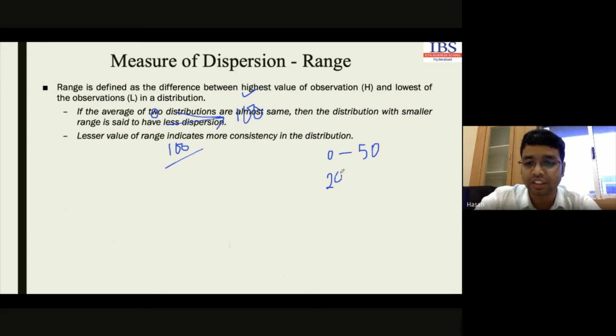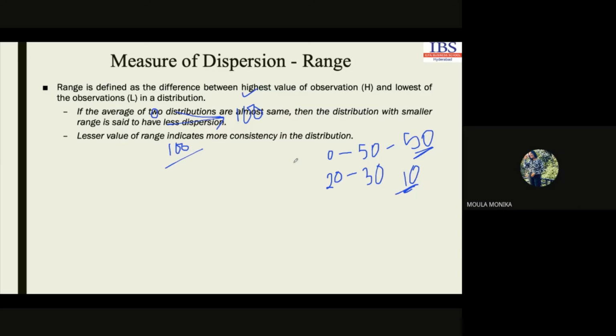In the first case the range is 50, but in the second case our range is 10. So maximum data will be within this 10 distance only, while in the first case it is spread over 50. So a smaller range indicates more consistent data. We have already observed this one, right?